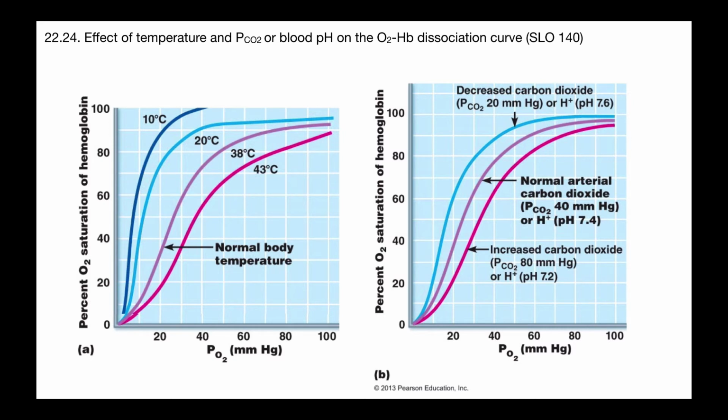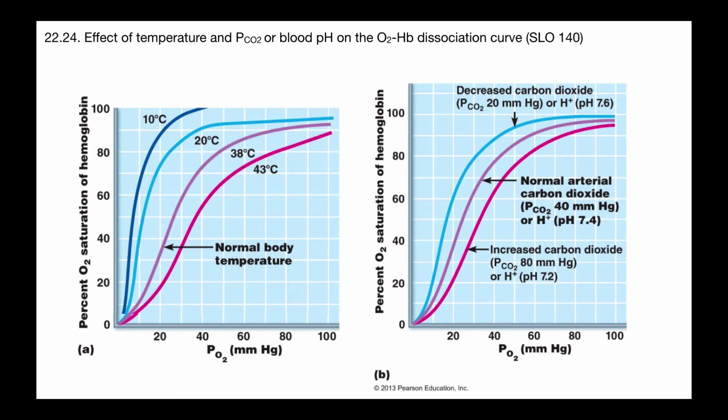But when your body temperature is 43 degrees C, we go from the 40 on the x-axis up to that fuchsia line, the 43 degree C line, and there it's like 50% saturated. So in a body that's heated up, it's easier for hemoglobin to shed those molecules of oxygen because of the denaturation, because the body's gotten too warm.